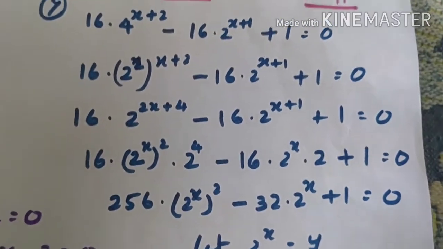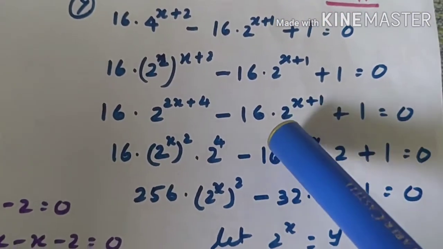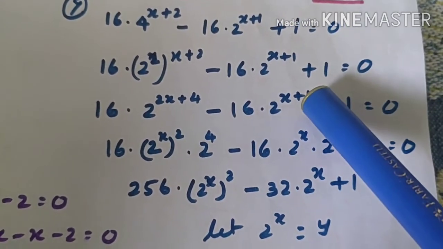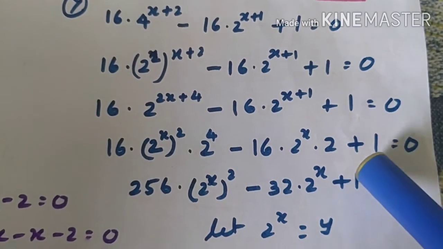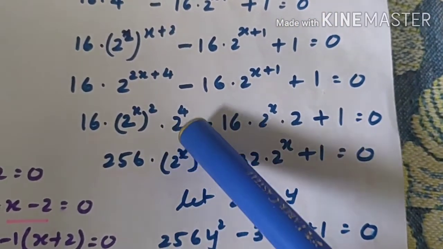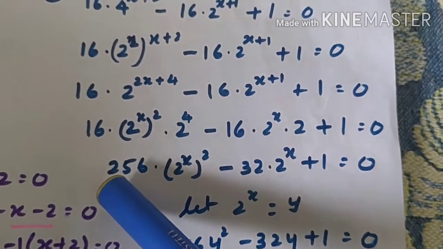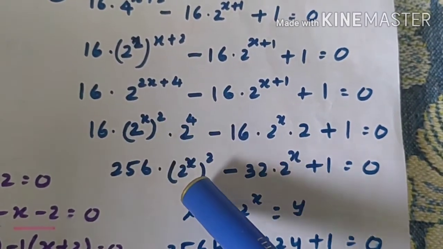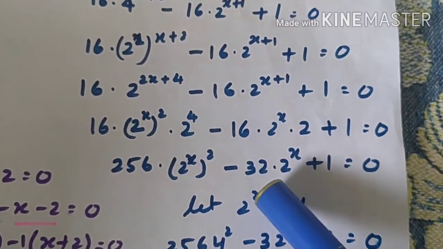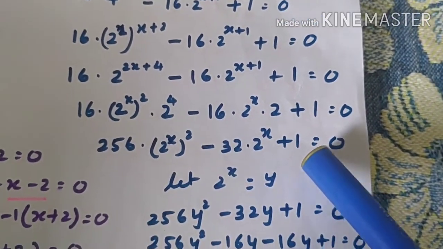So in the middle term also, 16 then 2 raised to x into 2. Now this 2 raised to 4 is 16. So 16 16s are 256. This 2 raised to x square as it is, minus 16 2s are 32, 2 raised to x plus 1 is equal to 0.